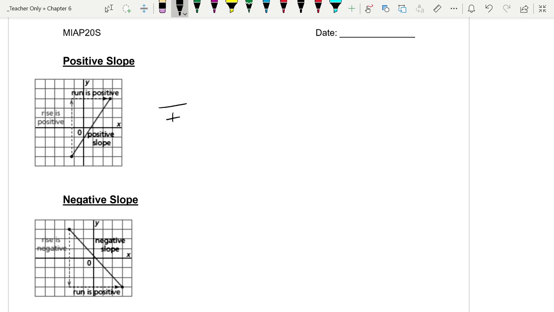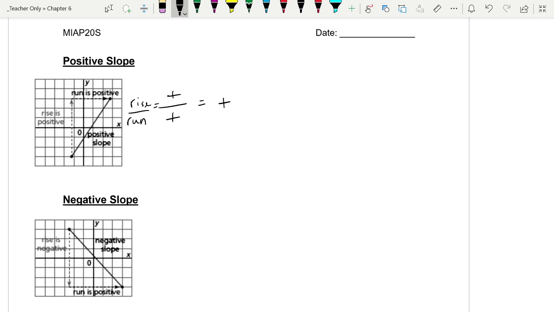And rise is positive, which is a positive numerator. So rise over run is positive divided by a positive. And think back to your integer knowledge. What happens when you divide two positives? You get a positive number.